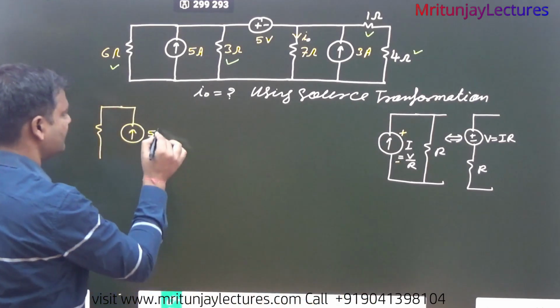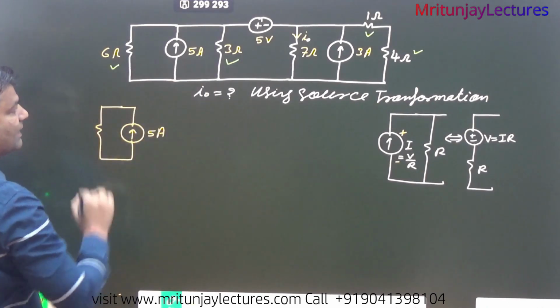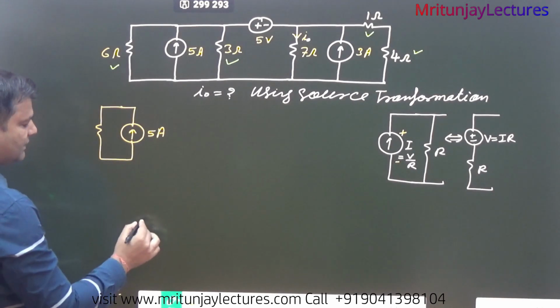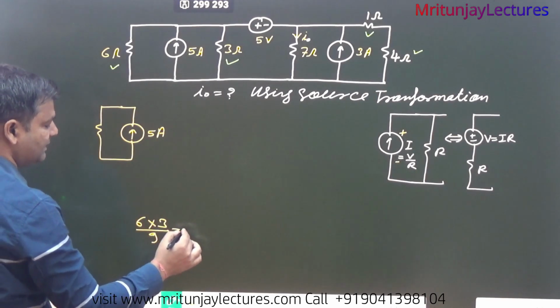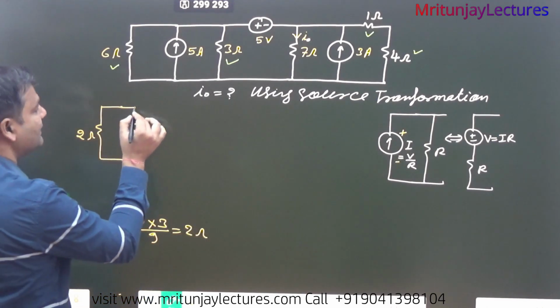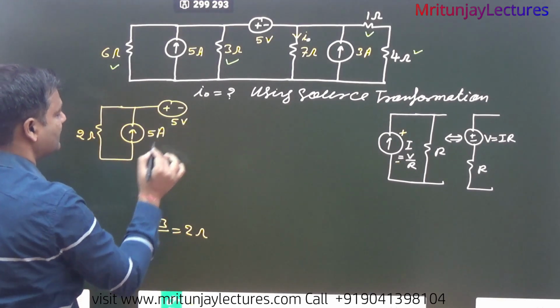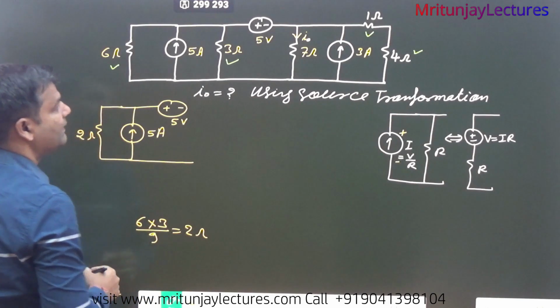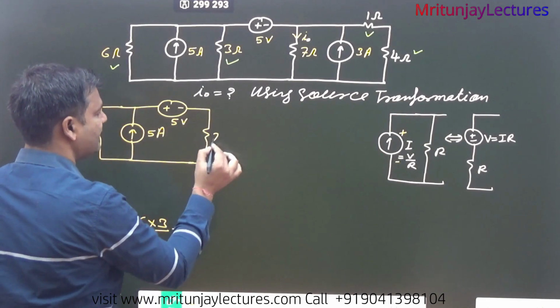This one is written as 5 ampere. Okay, and 6 and 3 are parallel, so the combination is 6 into 3 divided by 9, so 18 by 9, that is 2 ohm. Clear? After that, that voltage source plus minus 5 volt. Okay, after that, that one is 7 ohm.